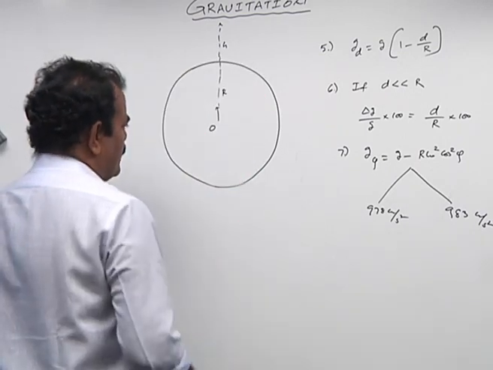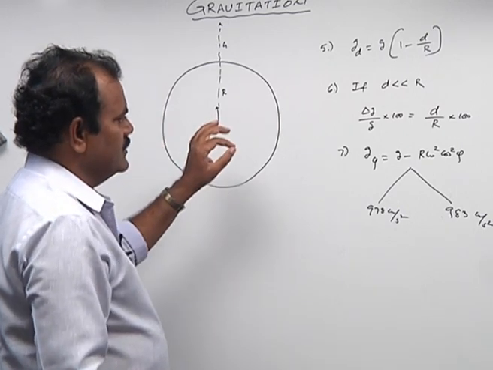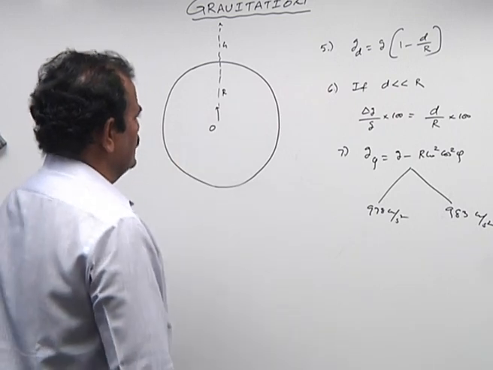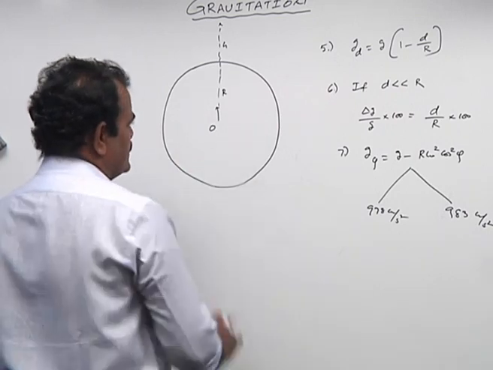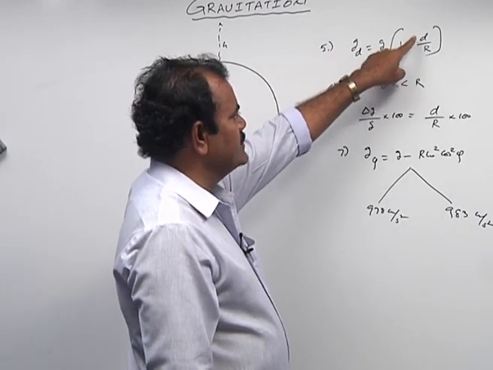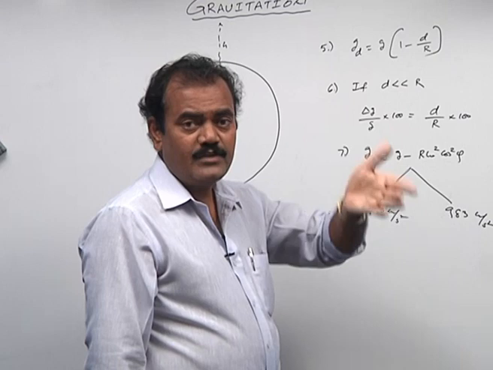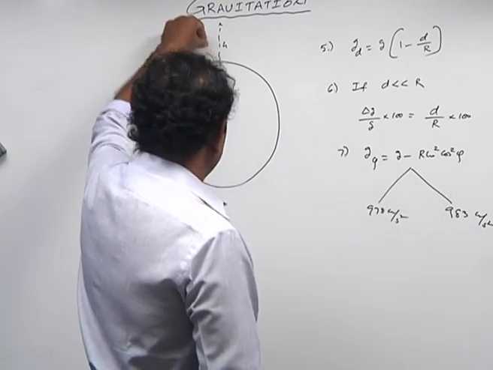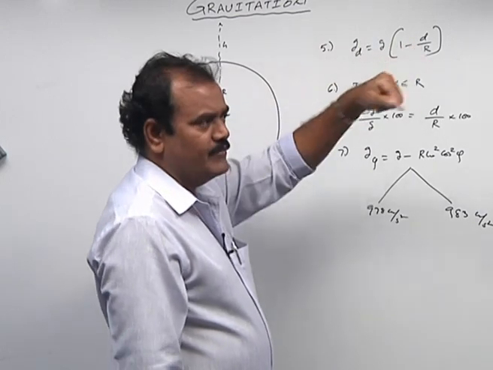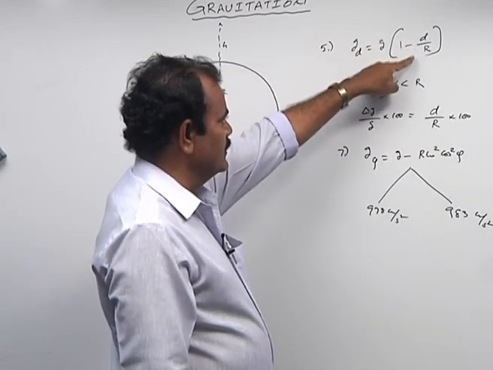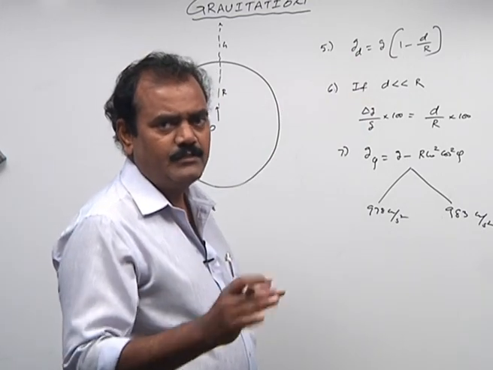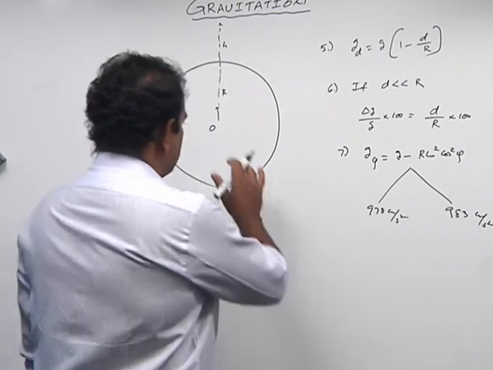Small g at the center of the earth is 0, because small g at the center of the earth means here d will be equal to R, because d is measured from the surface of earth. So at the center of the earth d is equal to R, and the acceleration due to gravity at the center of earth becomes 0, and thereafter we start from 0.